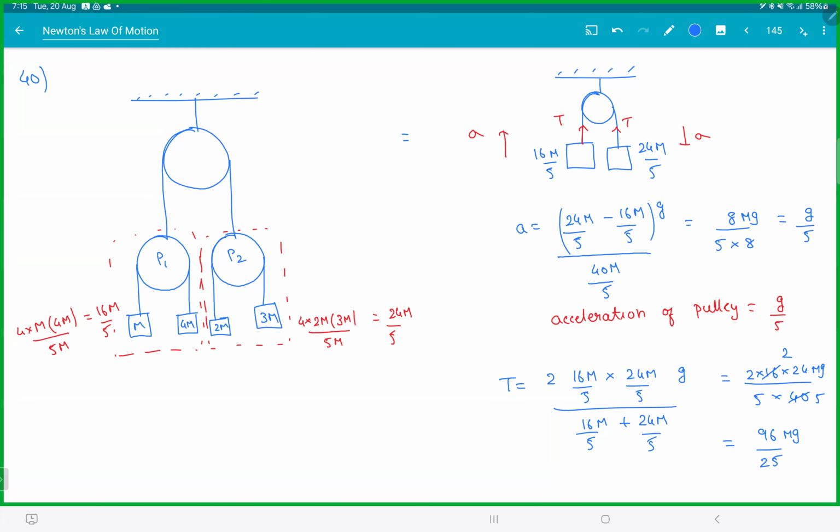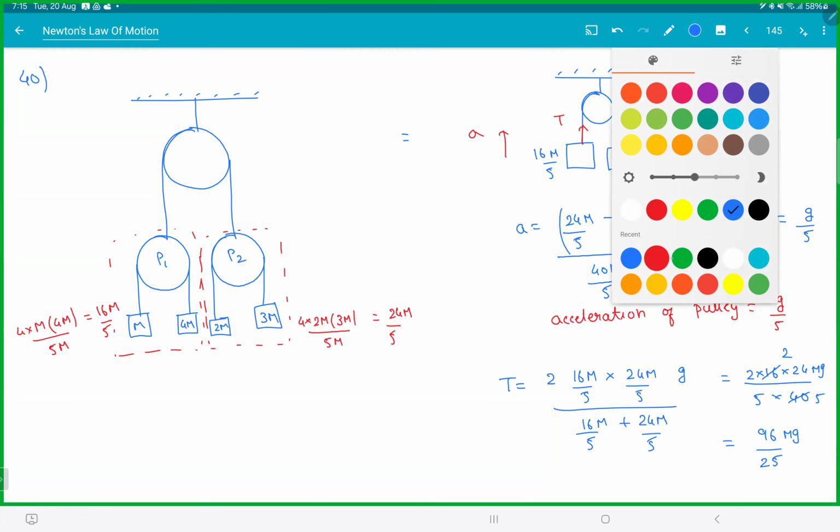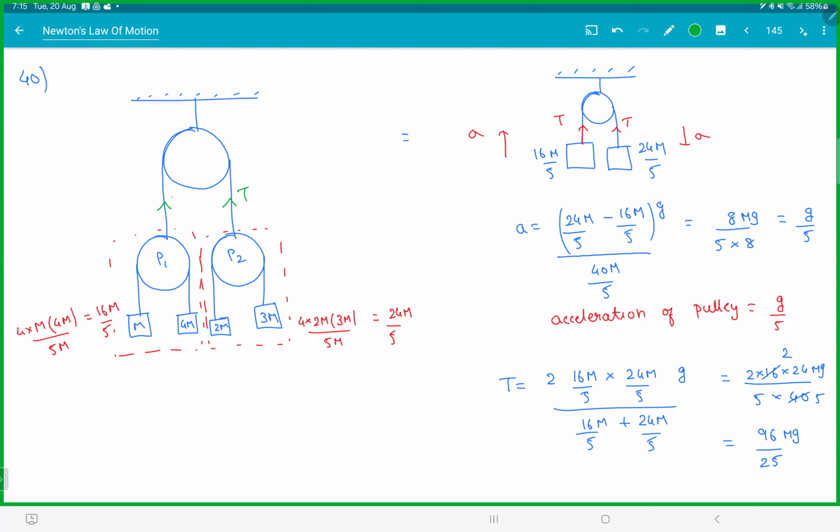Tension is found. So what? Now, if you got the tension here, it means I found this tension, isn't it? If that was the tension, this will become T by 2, T by 2. Agreed?